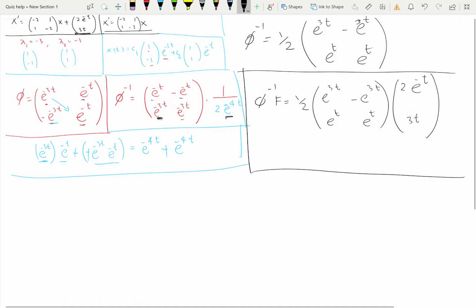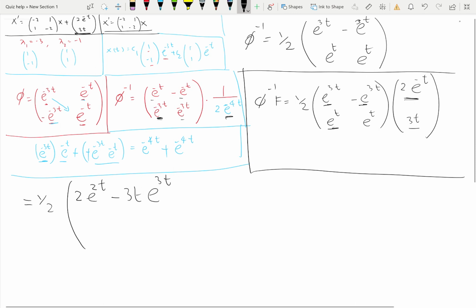Now you want to multiply these two out and find the vector that you get. Let's keep that half outside. When you multiply e to the 3t by 2e to the -t, you get 2e to the 2t here. Then you multiply negative e to the 3t times 3t, it's 3t e to the 3t. So that's the first row.